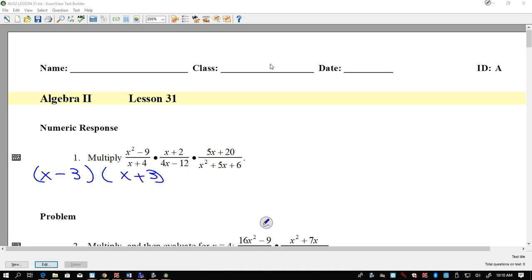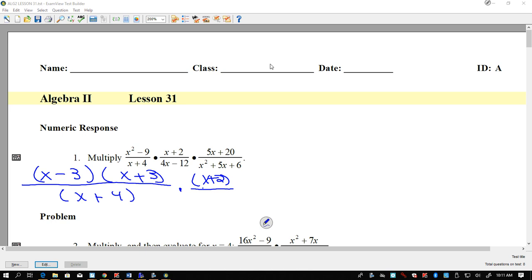Okay, this is frustrating. x plus 4 can't simplify. Then I've got x plus 2, which can't simplify. But can I factor anything out of 4x minus 12?